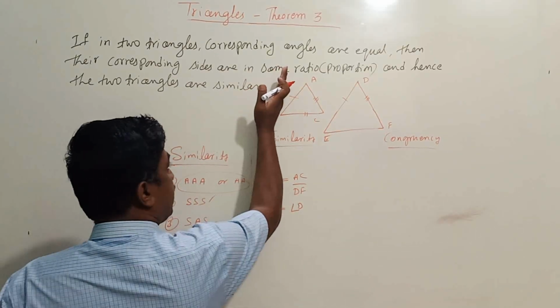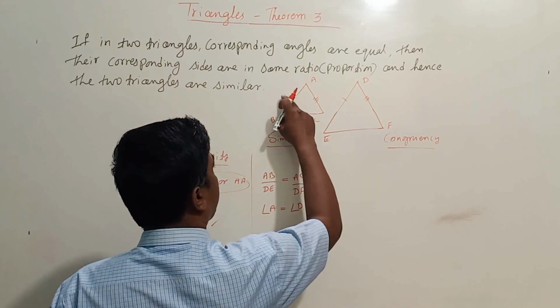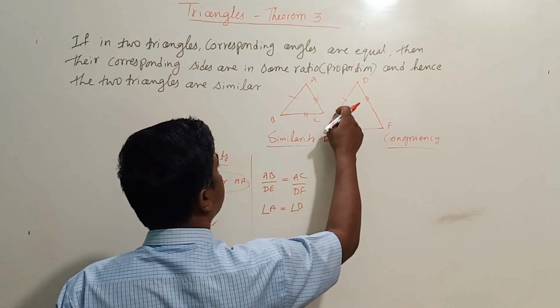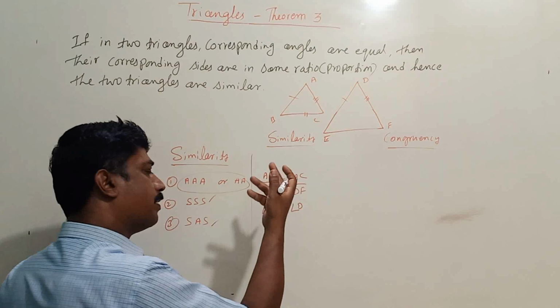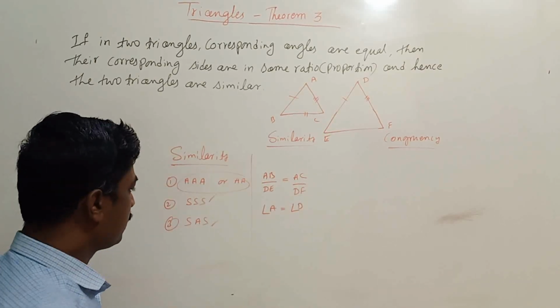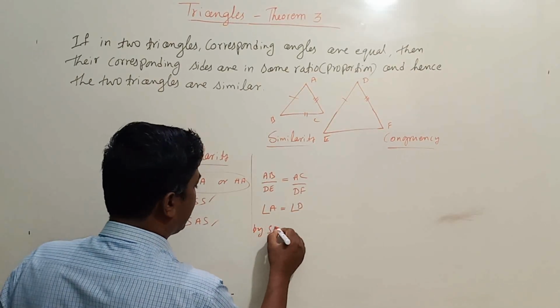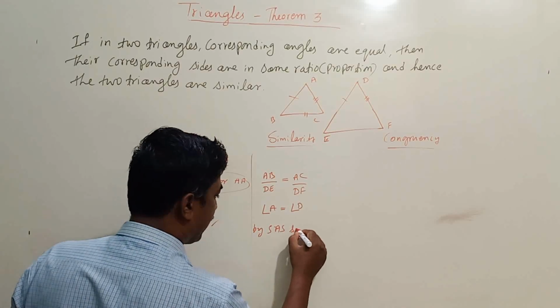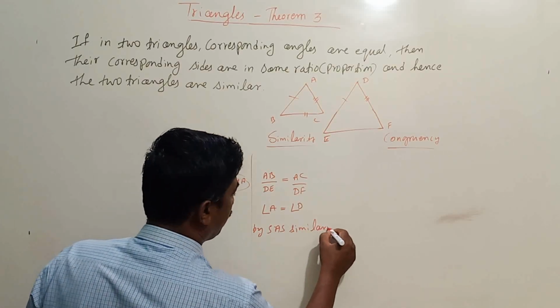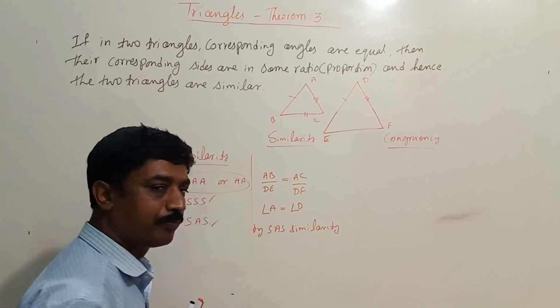So, by side angle side, by SAS criteria, the two triangles are similar. So you're going to write by SAS Similarity Criteria, both the triangles are similar.